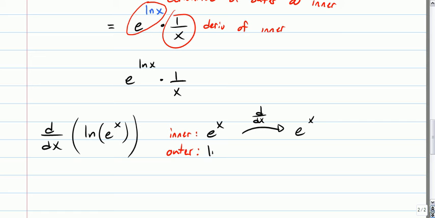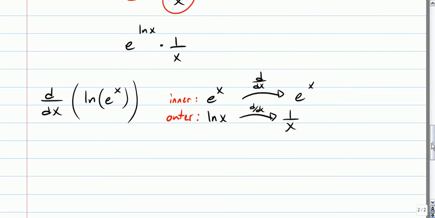The outer is the natural log of x, whose derivative is just 1 over x. So the derivative of the outer evaluated at the inner times the derivative of the inner.